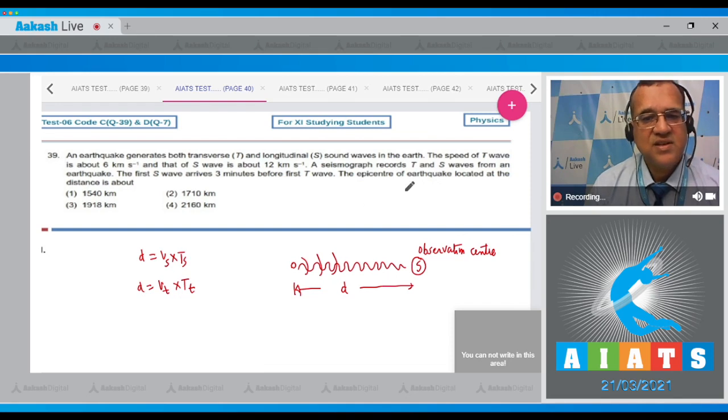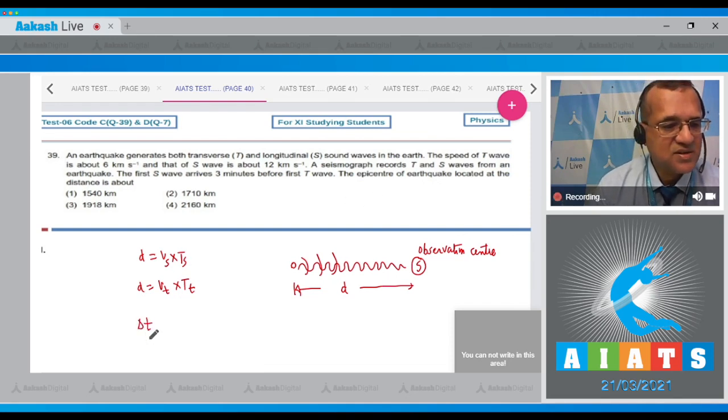Now the time difference is recorded between the two. The speed of the S wave is higher, so it will take less time, and the speed of the T wave is less, so it will take longer time. So the time difference is tT minus tS.